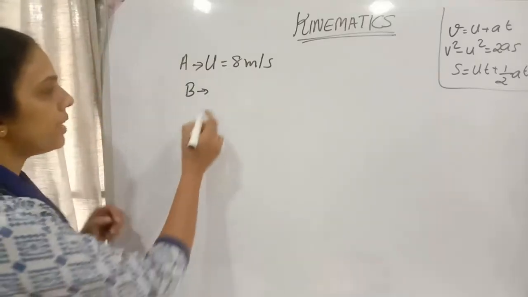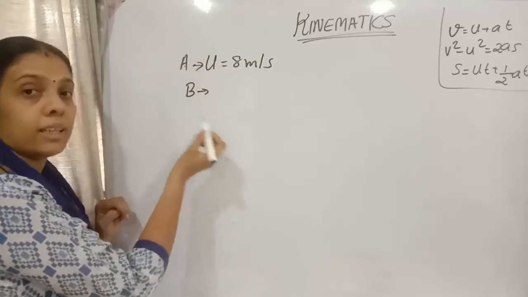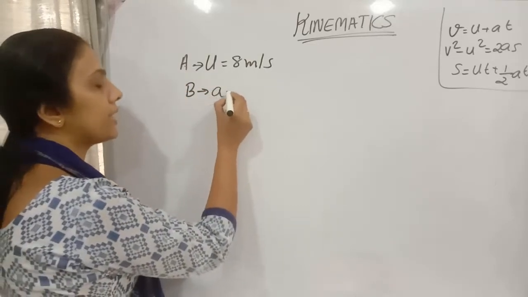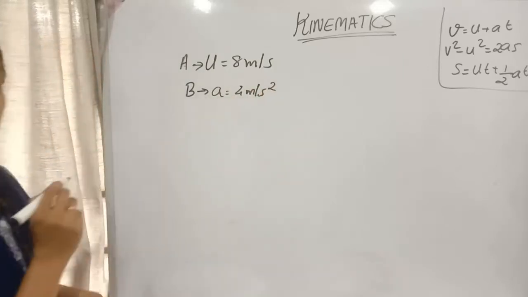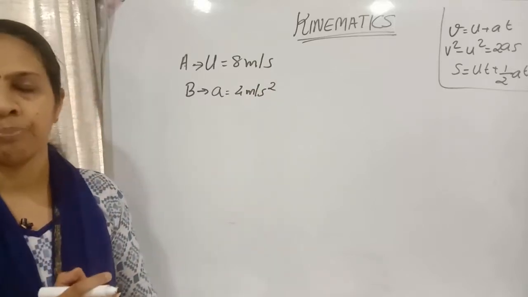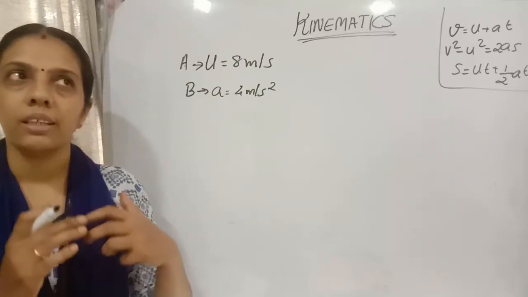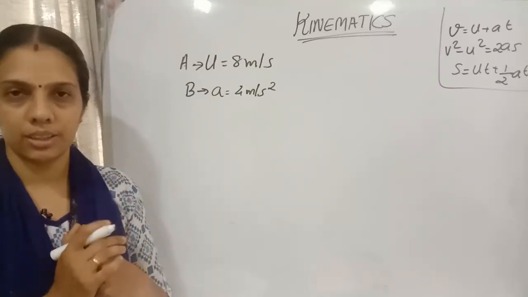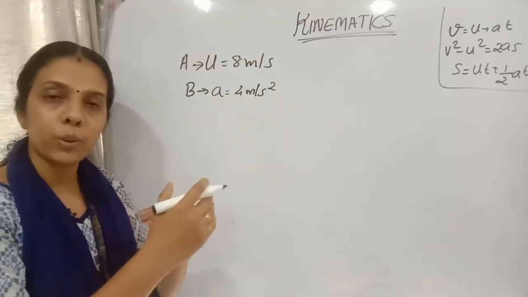So when A just crossed B, at that time B started moving with an acceleration of 4 meter per second square. Then we need to find the time when both will meet each other. If they are meeting each other, that means both the objects will have covered equal distances.